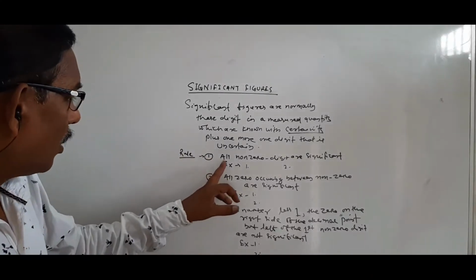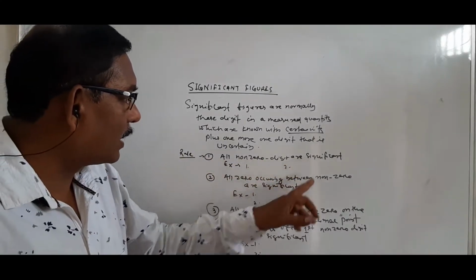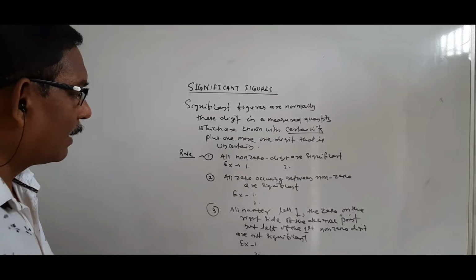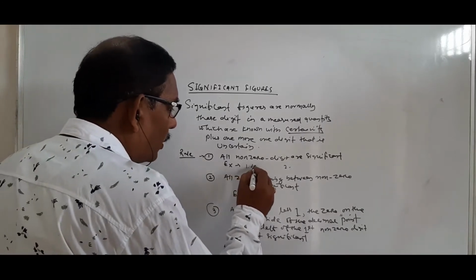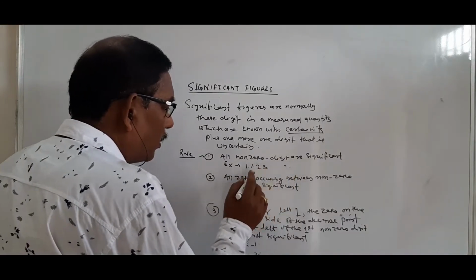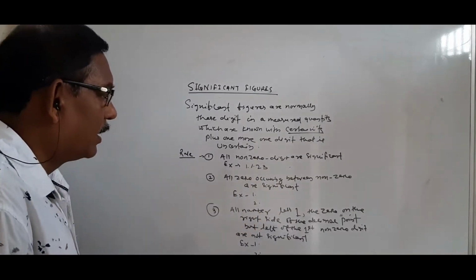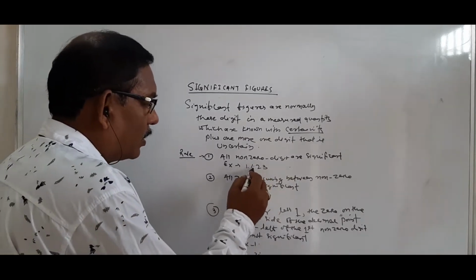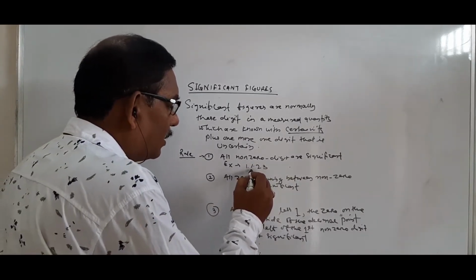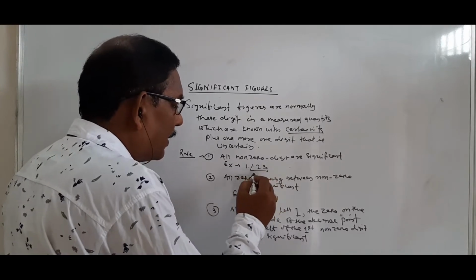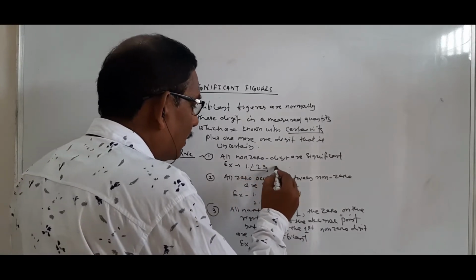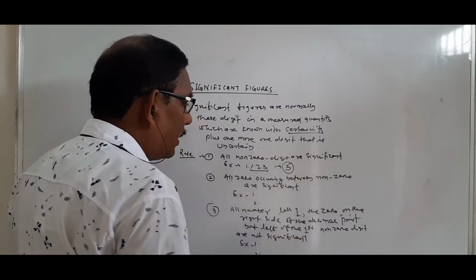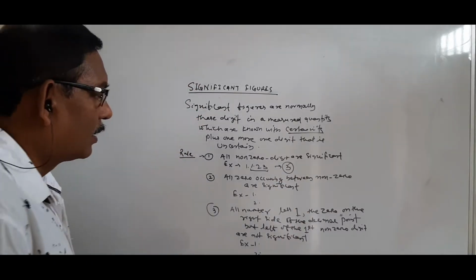First one: all non-zero digits are significant. Take an example, 1.23. 1.23 has non-zero digits, so here the number of significant digits is 3.